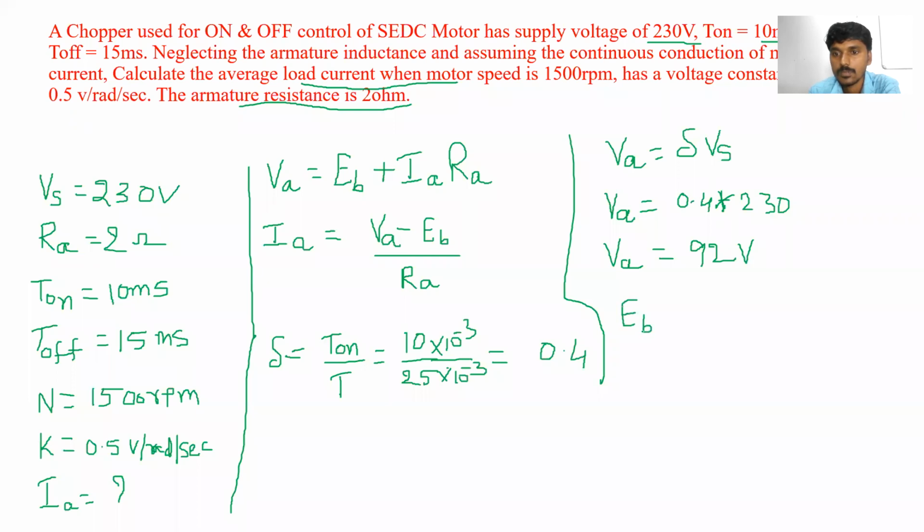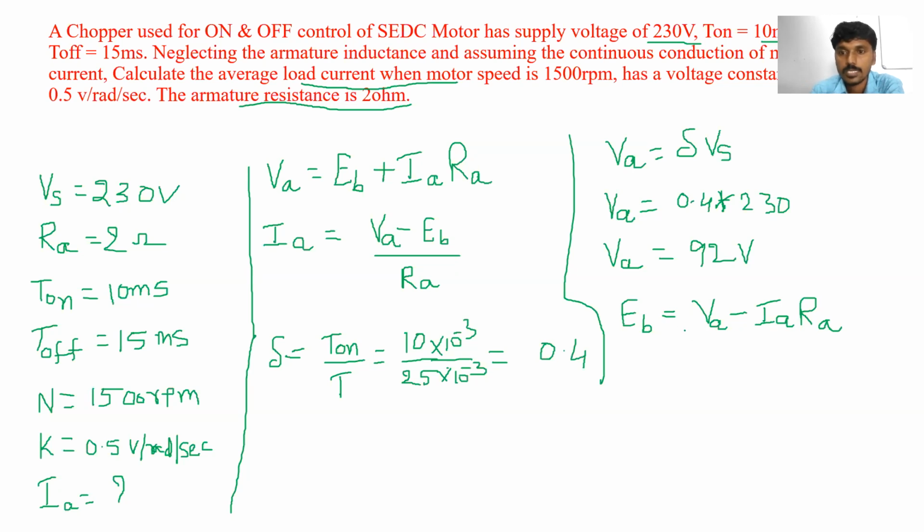EB is equal to, what is the formula from this equation? EB is equal to VA minus IA RA.